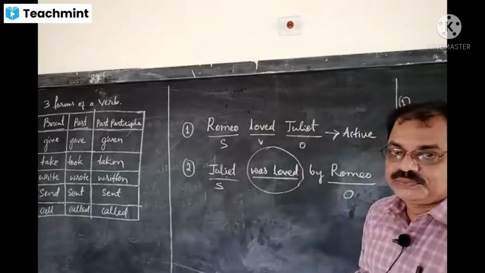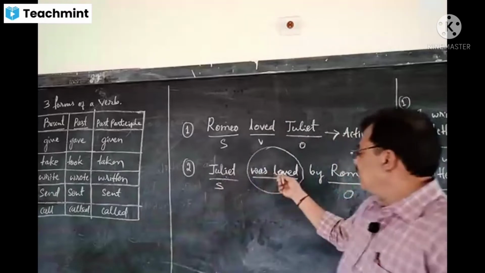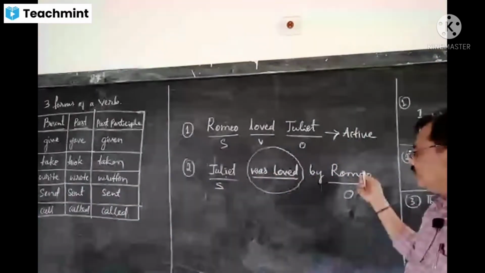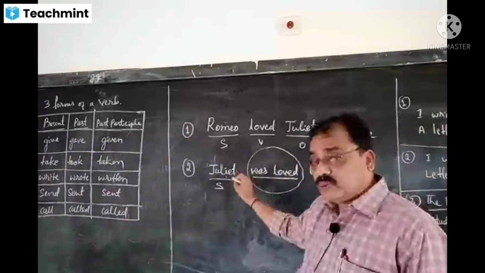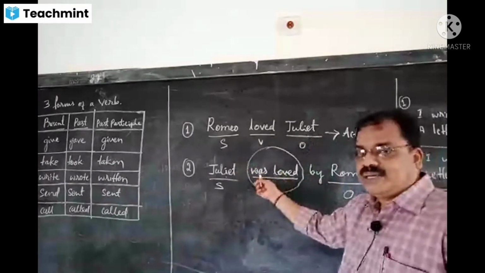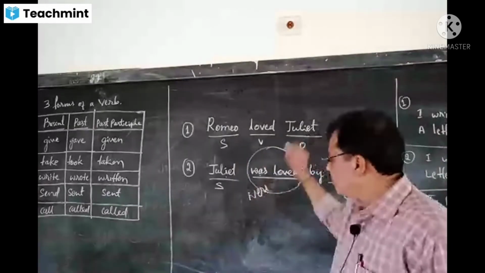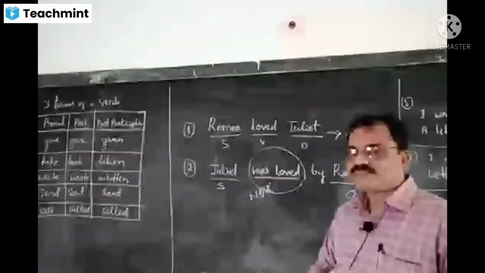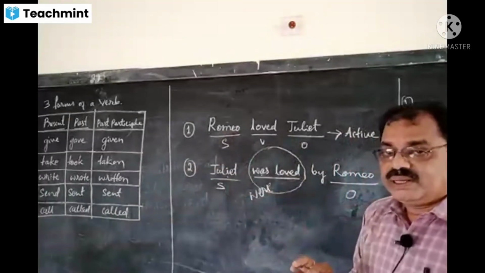Hence it becomes Juliet was loved by Romeo. Suppose the subject is plural, instead of writing was, we must use were, W-E-R-E, were. When the subject is plural in passive, do remember.